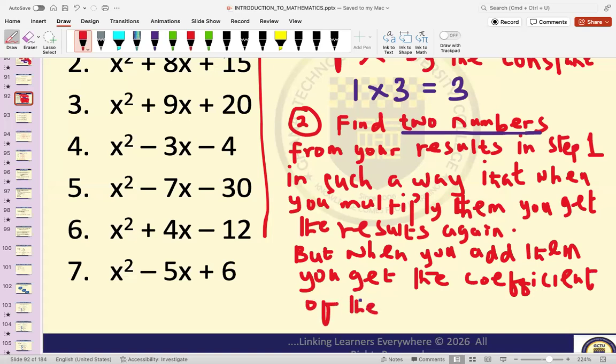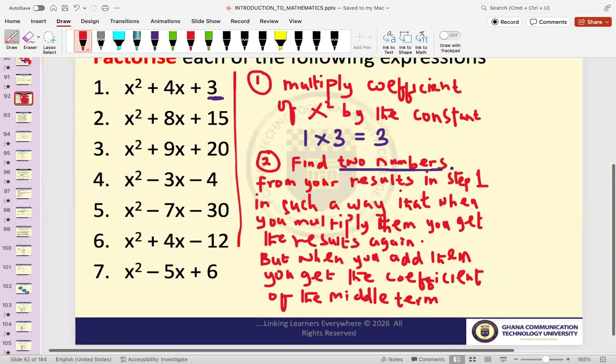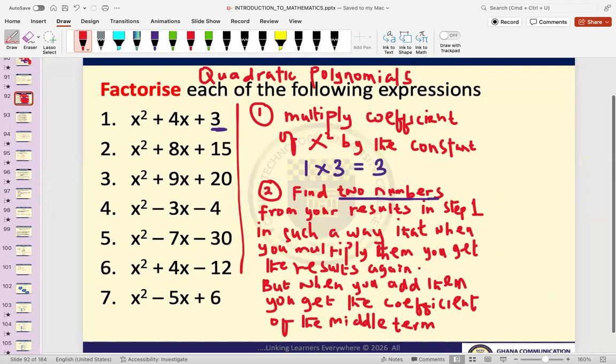This is really a long step, so take note of this condition. It says find two numbers from your result. What is your result? Your result is 3. Find two numbers from your result in step 1 in such a way that when you multiply them, you get your result again.